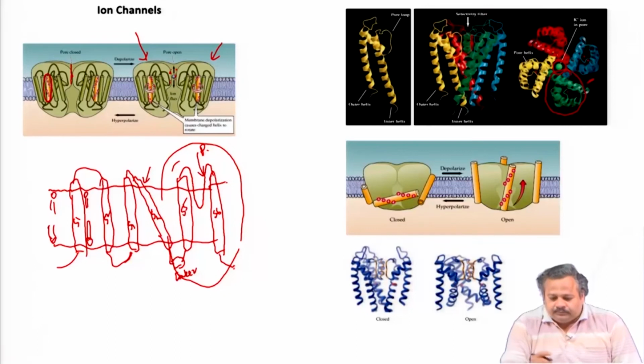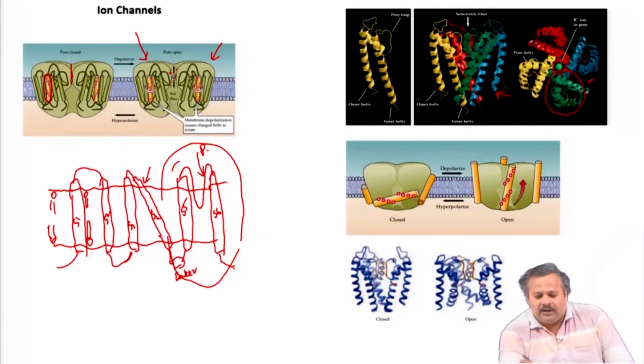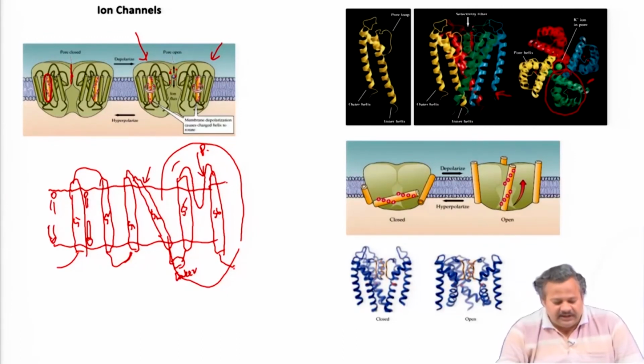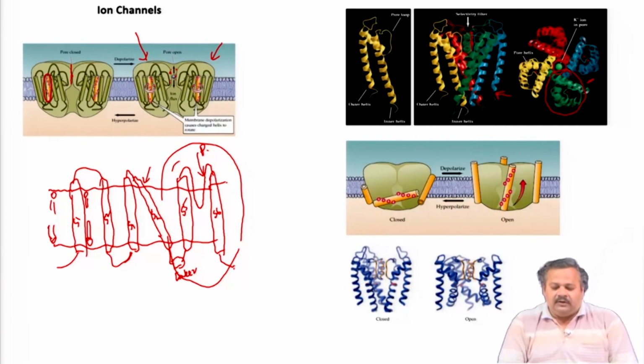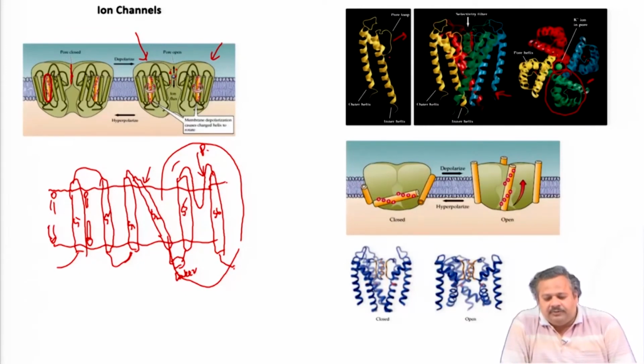As mentioned, the selectivity filter is present at this location depending on the kind of side chains present in the protein there. And this part is the pore loop, which is between the outer and the inner helix, that is the S5 and the S6 part.